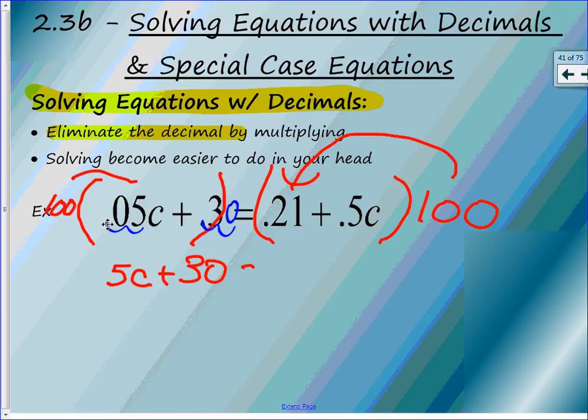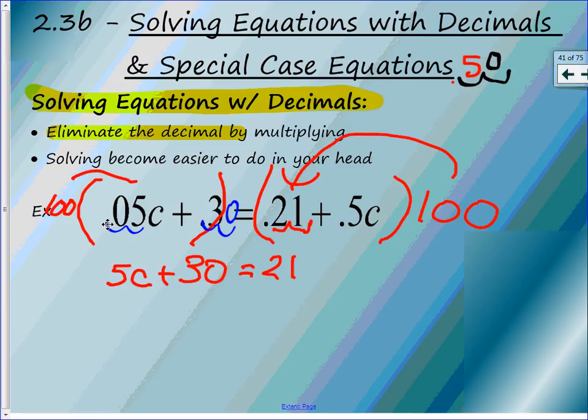So over here, 0.21 times 100 is just 21, because the decimal goes 2 spots to the right. And then 0.5 times 100, if I want to move the decimal 2 spots to the right, I count 1, 2, and I fill in a 0.